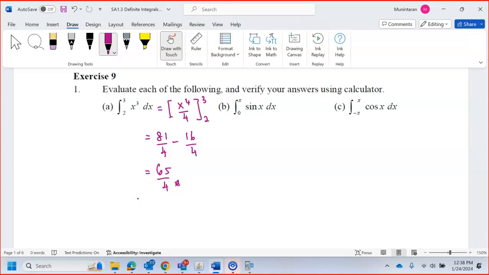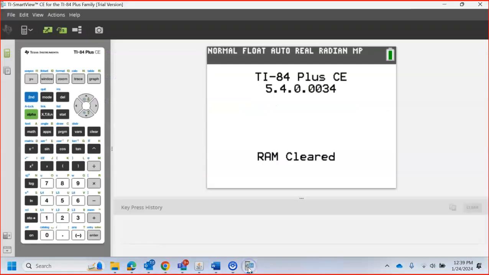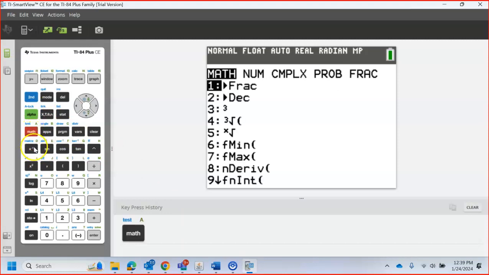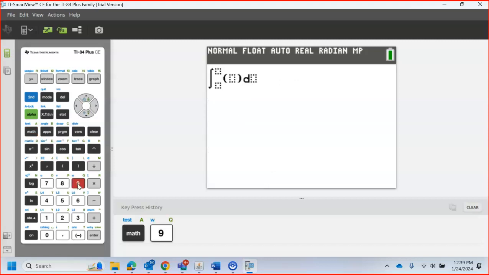Now, can we check this using the graphing calculator? For the GC, there are many ways to do it, but I'm just going to do it one way. You press Maths, go to option 9. I guess it speaks for itself, right?